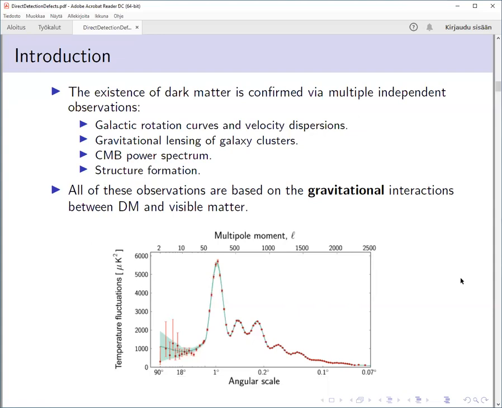Sorry, Matthew, yes. The reason the error bars on the left-hand side are really large is because we don't have, it's just the one early universe, right? Exactly right. The bottom axis shows the angular size, and the top the multipole moment, which is the same axis but in different units. So indeed, to the left you have larger and larger scales.